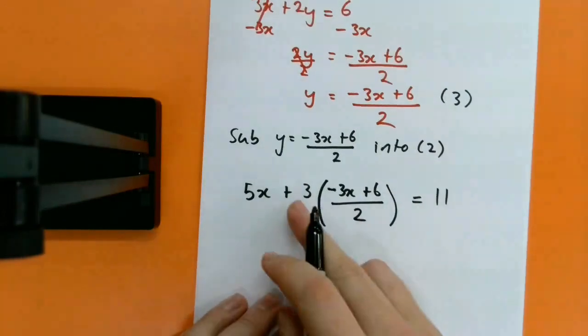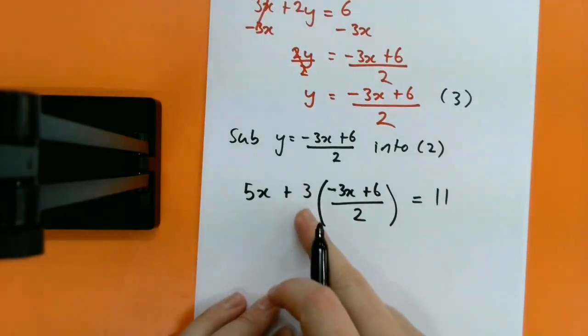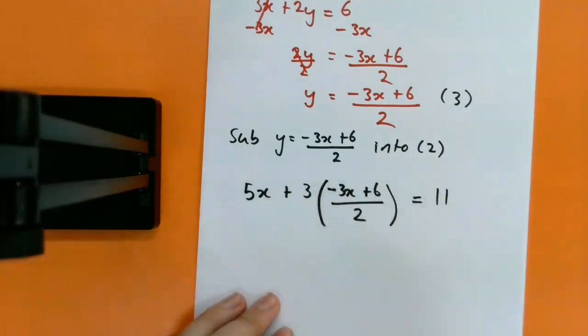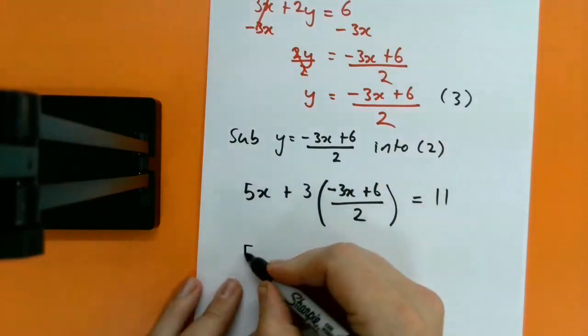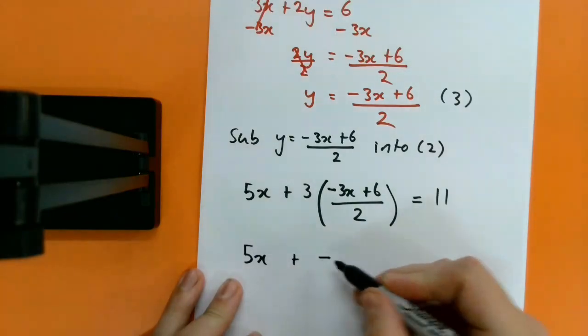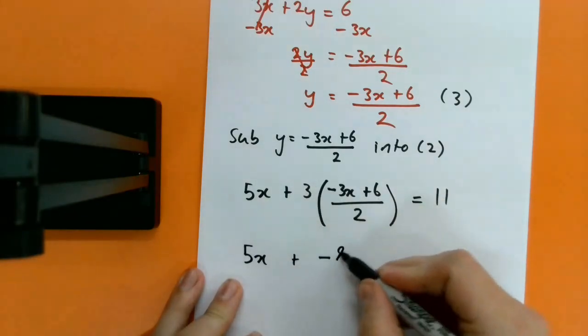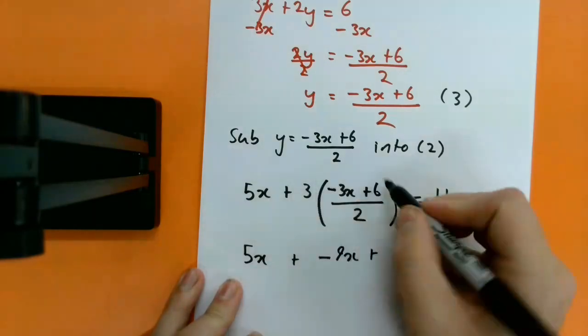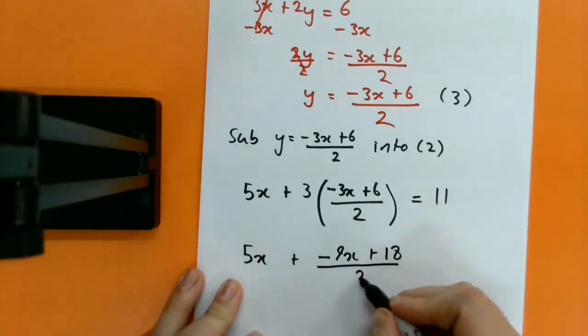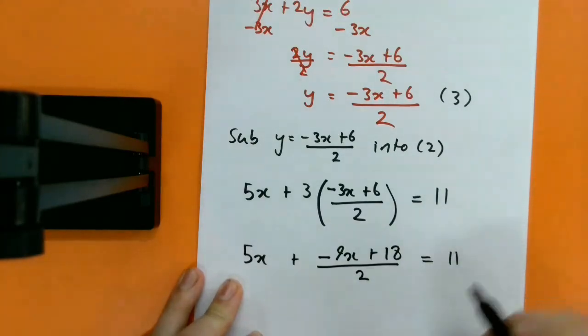Now I've taught you when we expand 3 into the fraction, we're only going to be multiplying the 3 along the top. So we have 5x plus minus 9x, 3 times negative 3x is minus 9x, plus 3 times 6 is 18, all over 2 is now equal to 11.